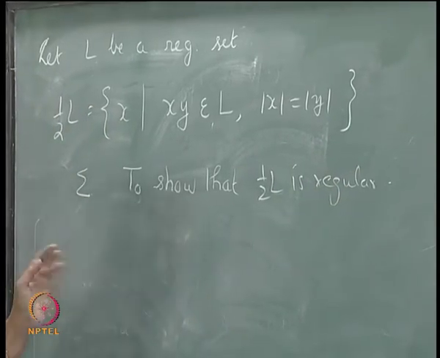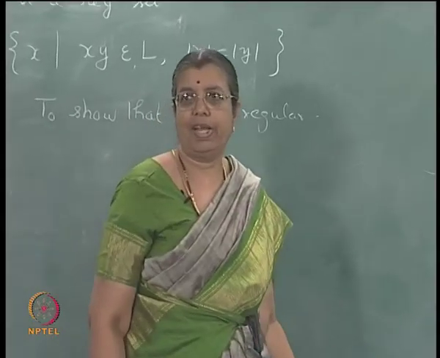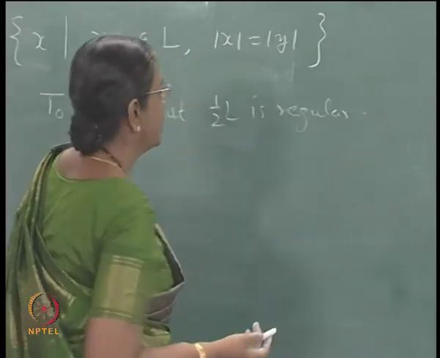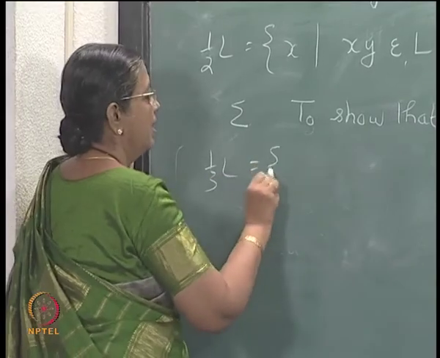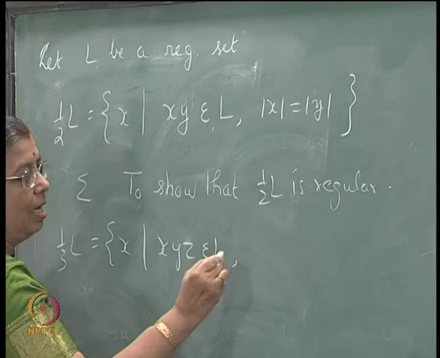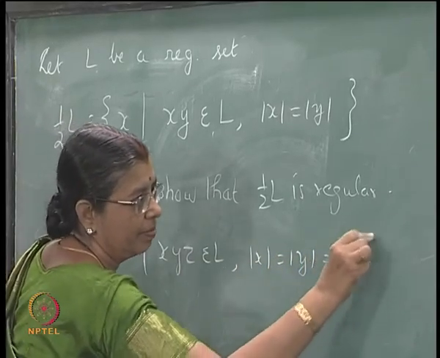How do you prove this? In fact, like that you can prove 1/3 L is regular and so on. I mean, you can define like that. What will be 1/3 L in that case? You can also define 1/3 L as x such that xyz belongs to L, length of x is equal to length of y is equal to length of z.